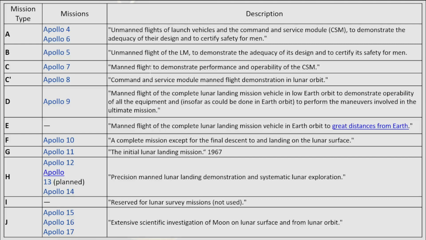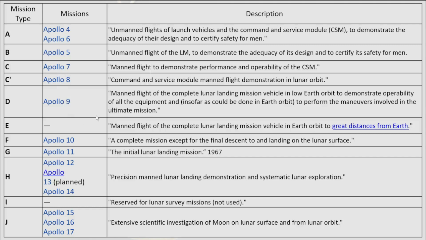Apollo 5 was also a flight to demonstrate the adequacy of its design and certify its safety for man. So they were testing the flight which was actually going to take a human. They sent it to observe whether it could go and come back safely for human carriage. And then Apollo 7, 8 and 9.